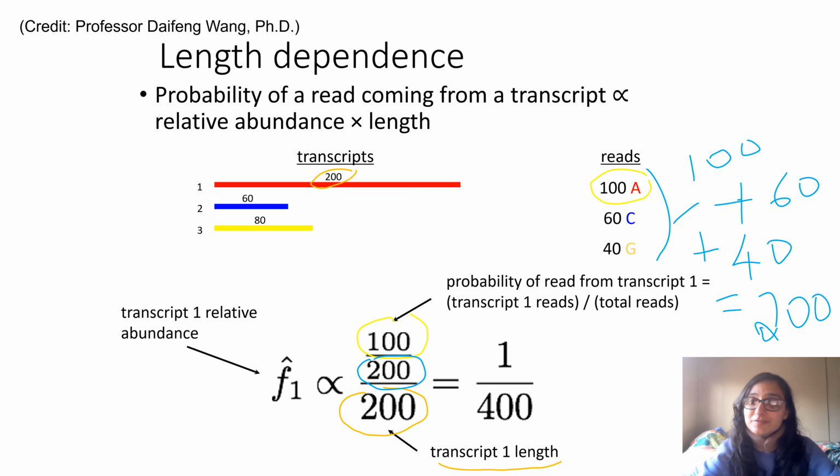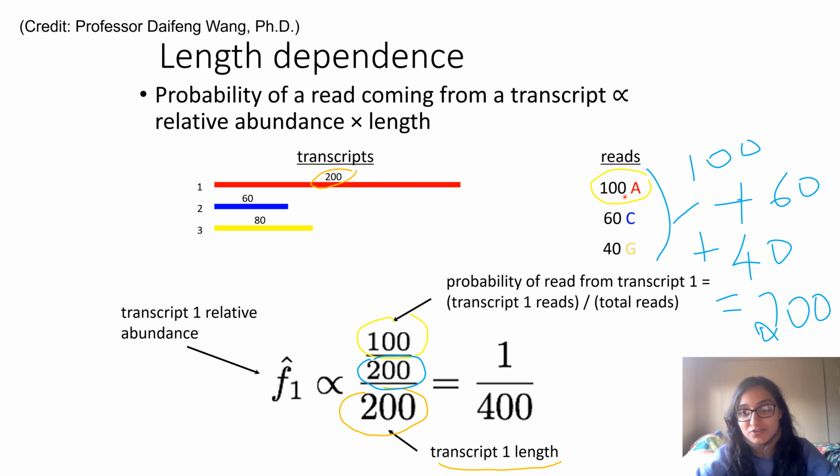So it's 100 out of 200 of these total reads that belongs to A over here. So the probability of reads from transcript 1 will be 100 over 200.